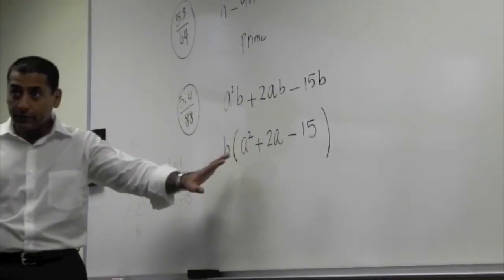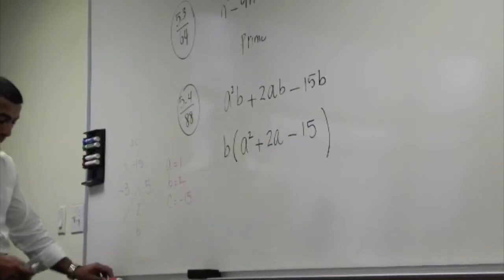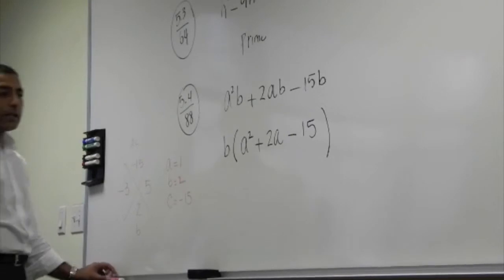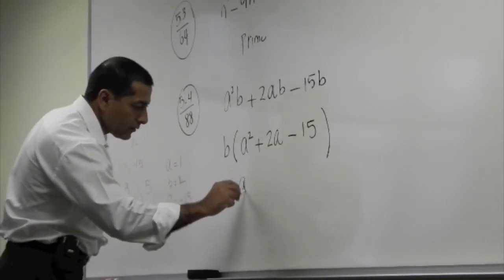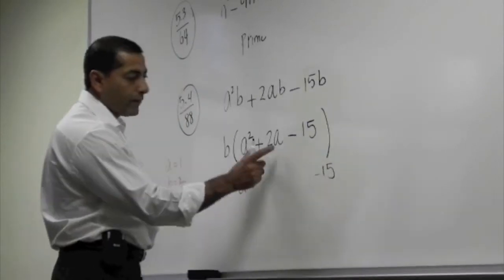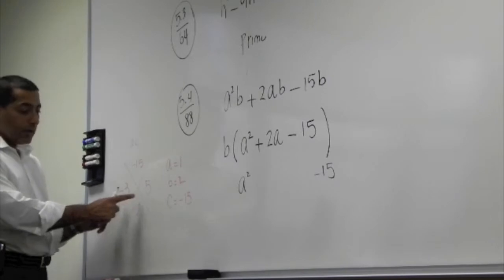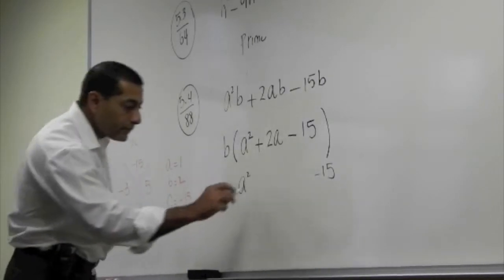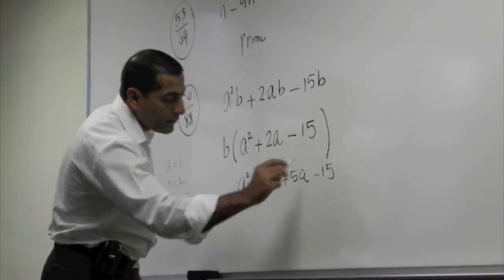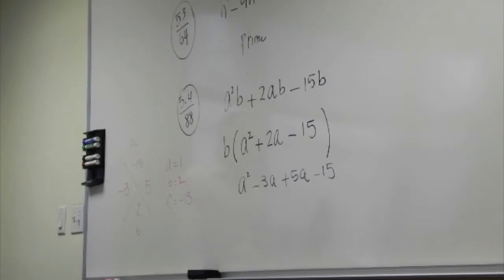So what are the factors now? We're going to take 3 terms and convert that into a 4-term polynomial. We're going to leave the first term as it is, and the last term as it is. Instead of having a positive 2a, we're going to split that into two terms: negative 3a and positive 5a. Because if I add up these two terms, we still get 2a.